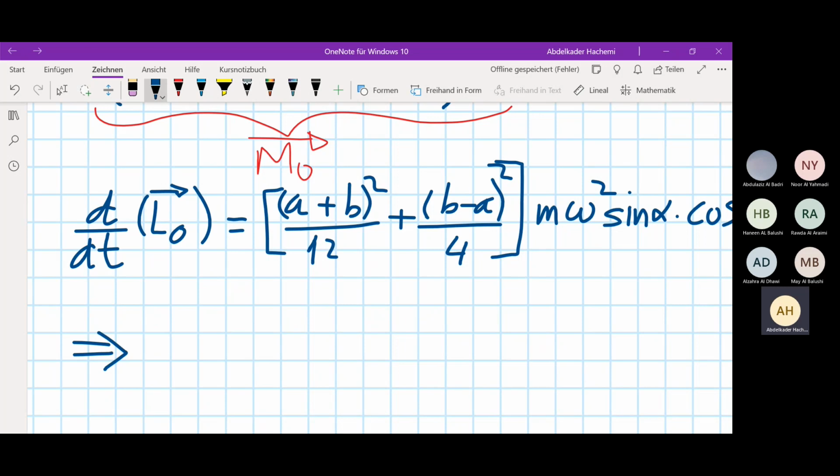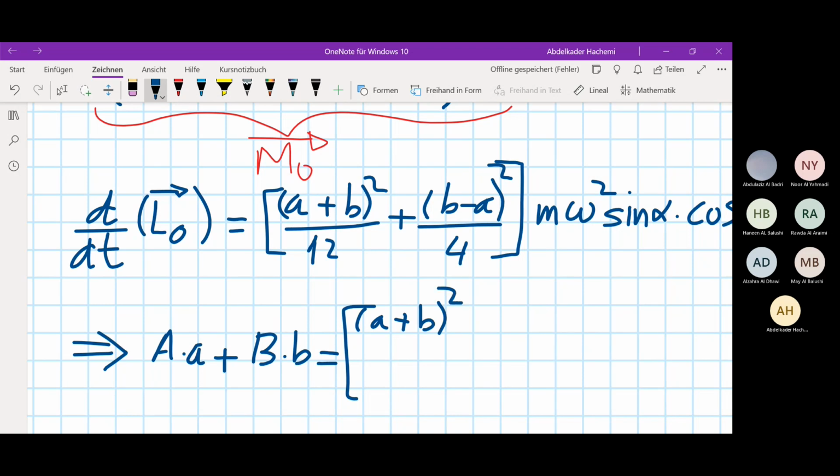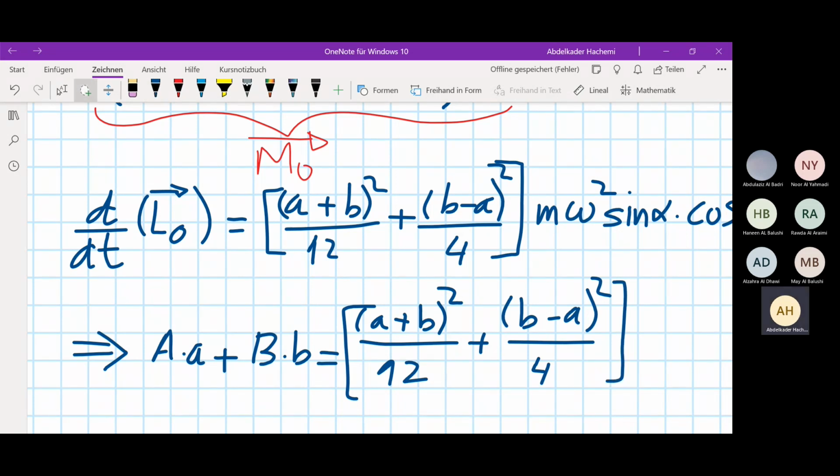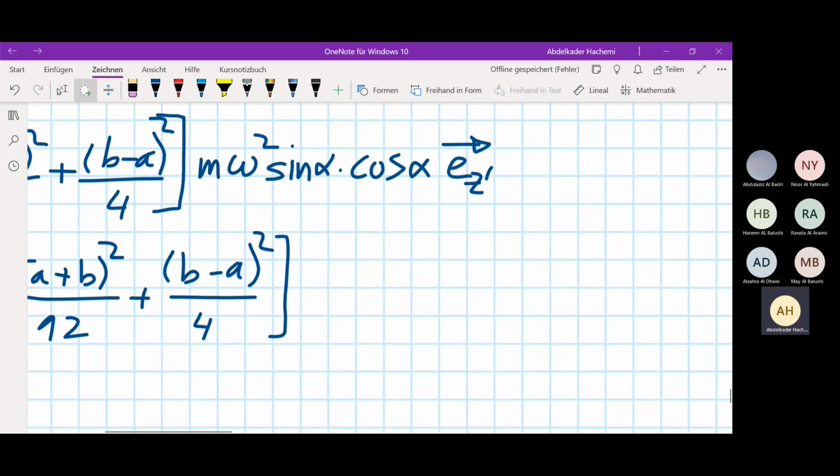If I develop further this one, we will get A multiplied by A plus B multiplied by B, the distance B, will be equal to the expression above, which is (A plus B) square divided by 12 plus (B minus A) square divided by 4, multiplied by M omega square sine alpha.